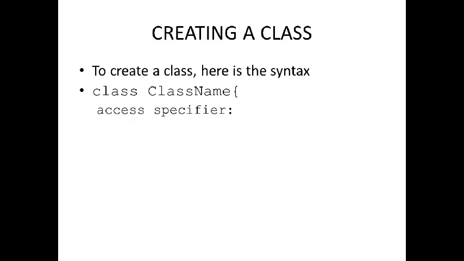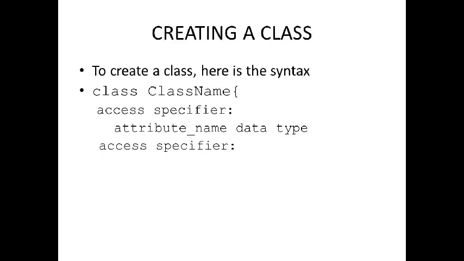So after the class name, the next thing that usually follows is the access specifier. Then after the access specifier, you begin to list your attributes or properties. The order is the name of the attribute, followed by the data type of the attribute.